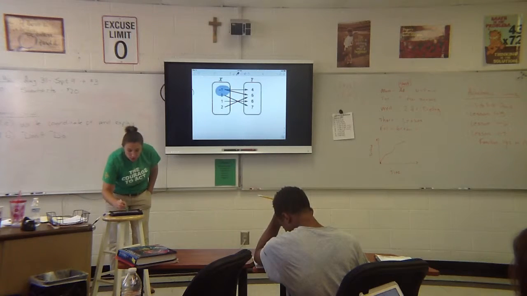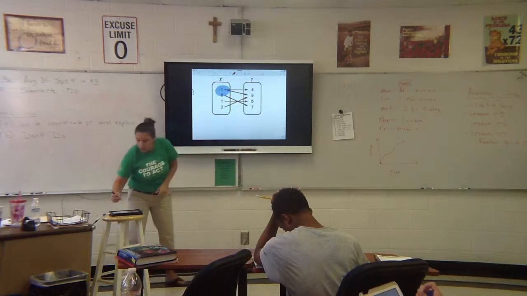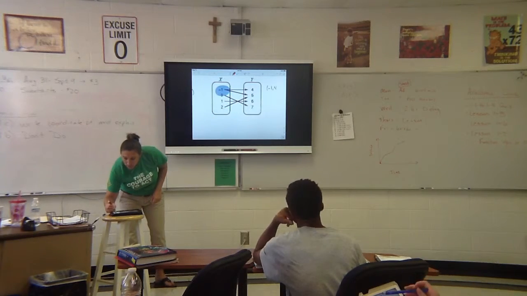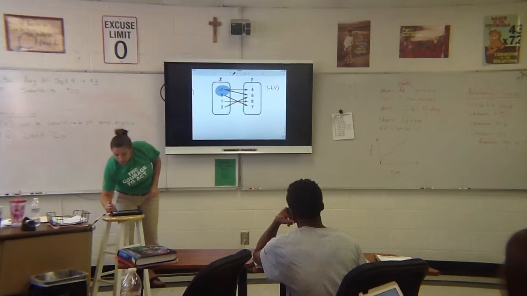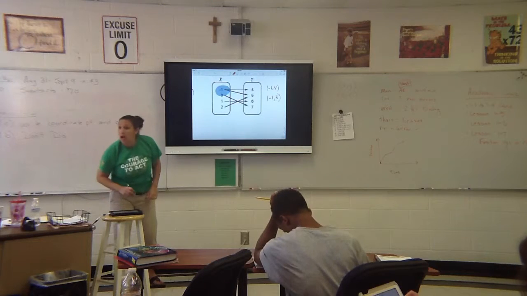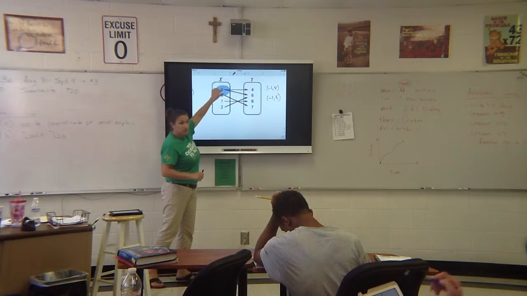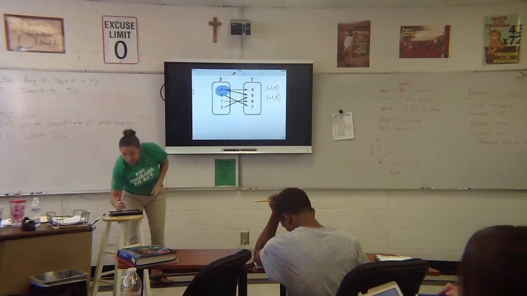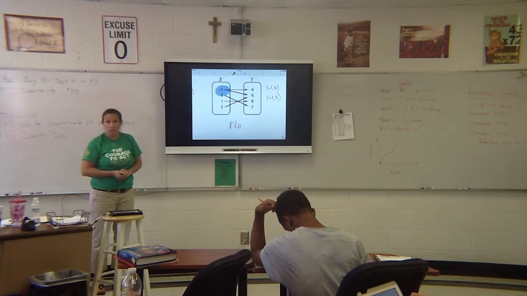That's not going to be any good because what that is saying is I've got a coordinate point at -1, 4, and I've got a coordinate point at -1, 5. That does not work. So if you've got 2 of the same x, it's a no. It is not a function. There's not 1 y for each x.